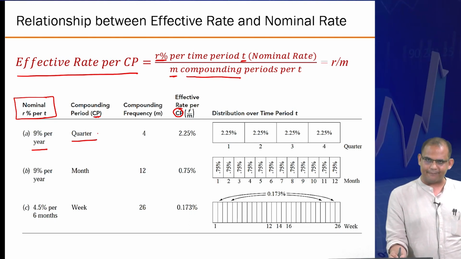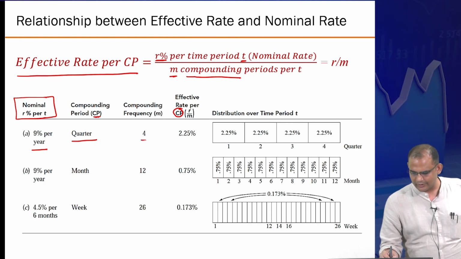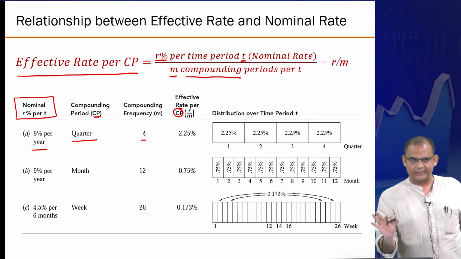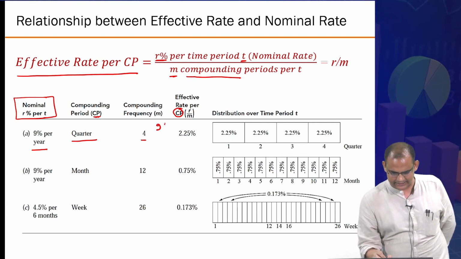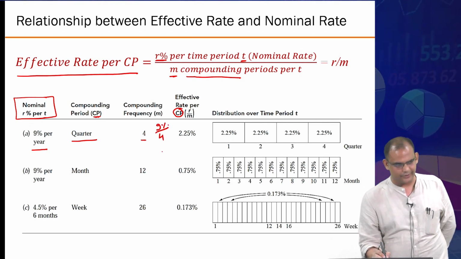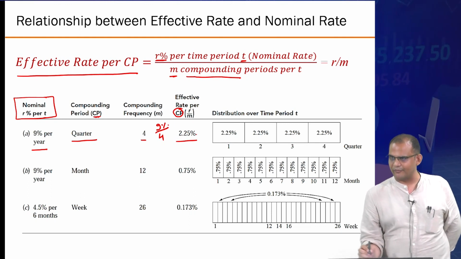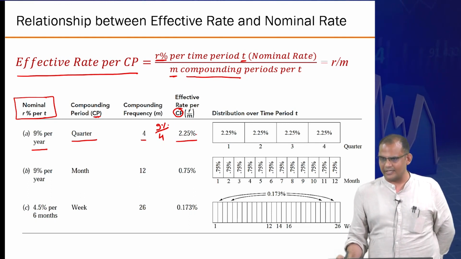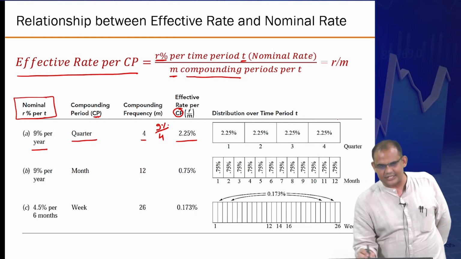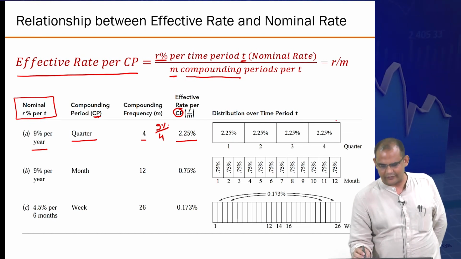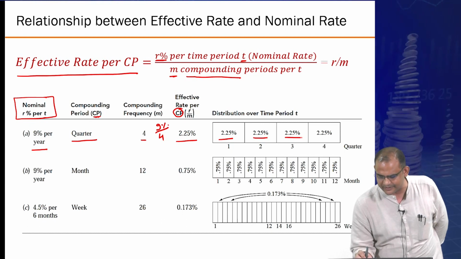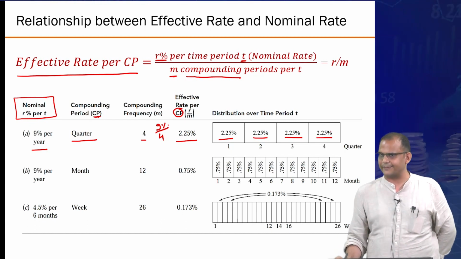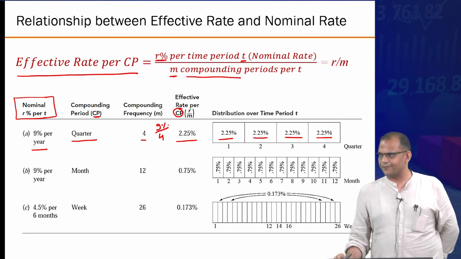What is the value of m? 4. So your effective rate per quarter becomes 9% divided by 4, which equals 2.25%. Graphically, this is denoted this way: within the period 1 to 2, the rate is 2.25%, 2.25%, 2.25%, 2.25%. With me?